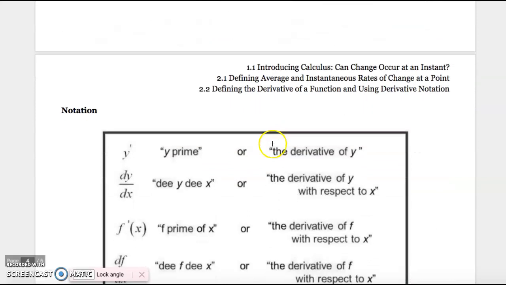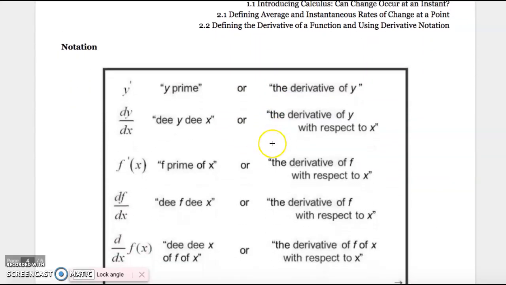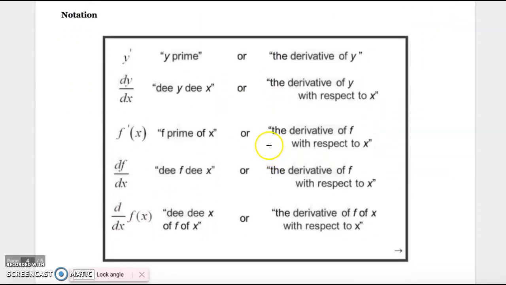Some of the notation pieces for this. So y prime is this little apostrophe that's up there. This means derivative. It means the derivative of the function y. So it's the instantaneous rate of change of your function y. You can also see dy dx, which is how you pronounce it, and this is the derivative of the function y with respect to x.